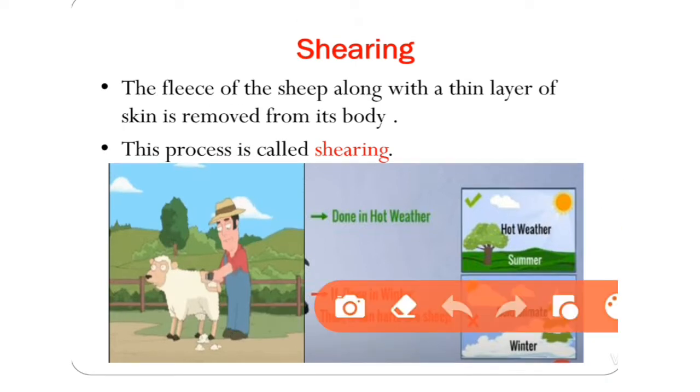For that, hair cutting machines are used. Machines similar to those used by barbers are used to shave off hair.